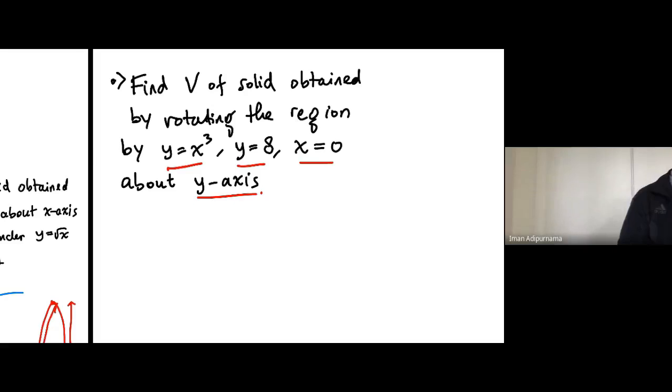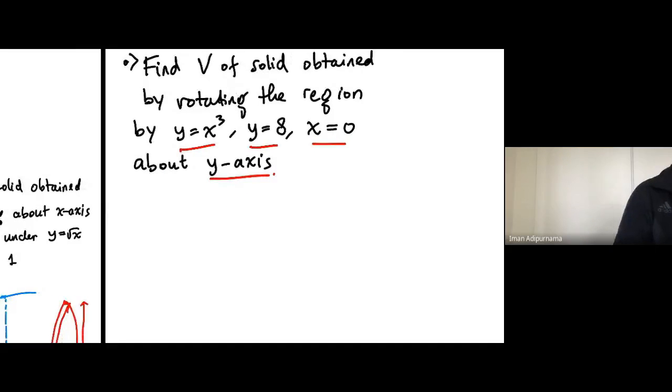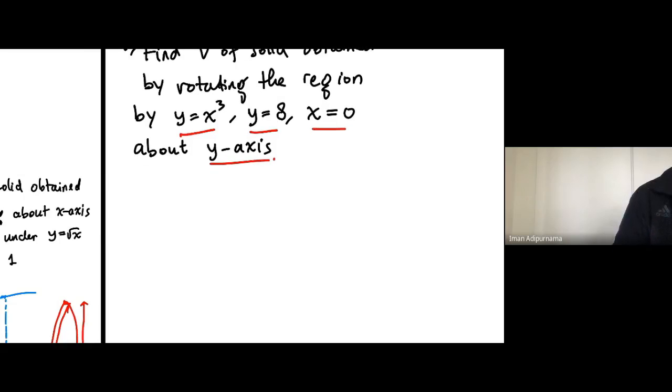Okay, to solve this, basically you need to draw the 2D projection. Let's say the line y equals 8 is here.